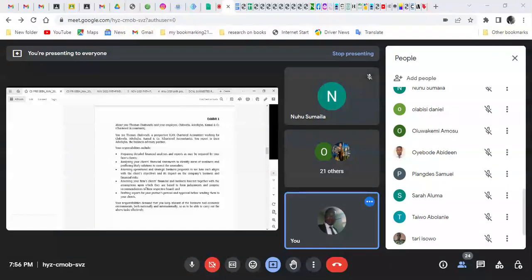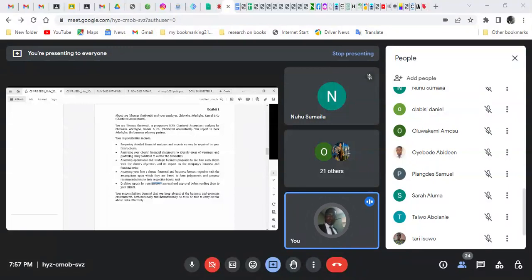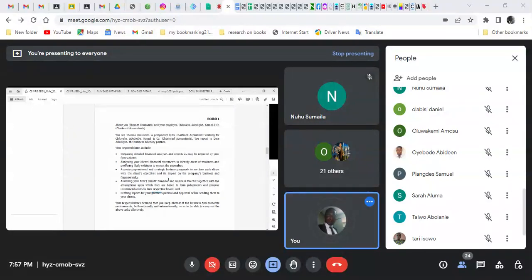And lastly, drafting your reports for your advisory partner's perusal and approval before sending them to your clients. Your responsibilities demand that you keep abreast of the business and economic environment, both nationally and internationally, so as to be able to carry out the above tasks effectively. So this is exhibit one.